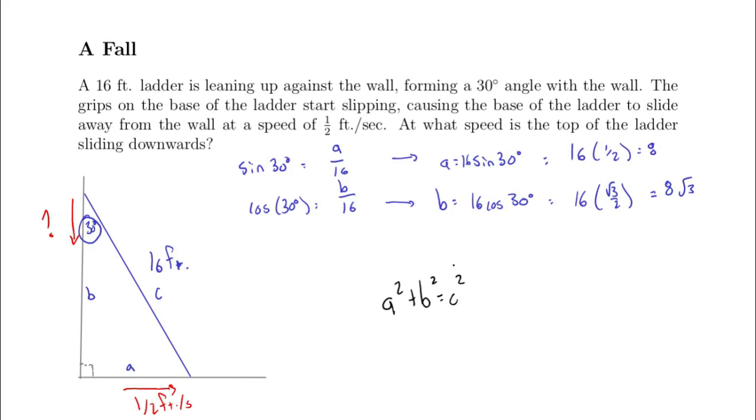Okay, so we're going to differentiate this with regard to time. We have a rate of change of A, dA over dt is half. We also have one other rate of change, but I'm going to keep that a secret for now. Let's go ahead and differentiate this thing.